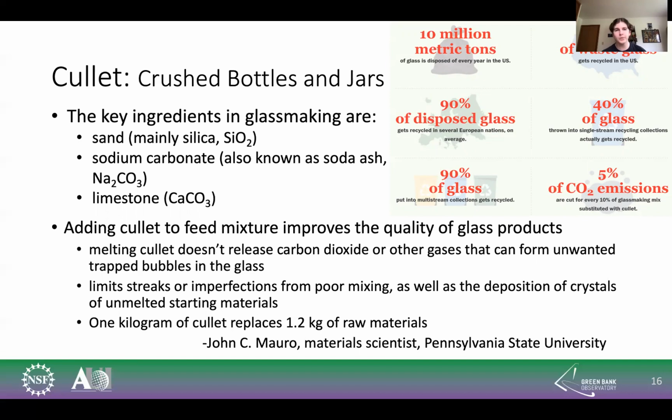So glassware is generally made of sand, sodium carbonate, and limestone. However, you can actually add in a bunch of this crushed glass to the production process to significantly improve the quality of the glass that's made.